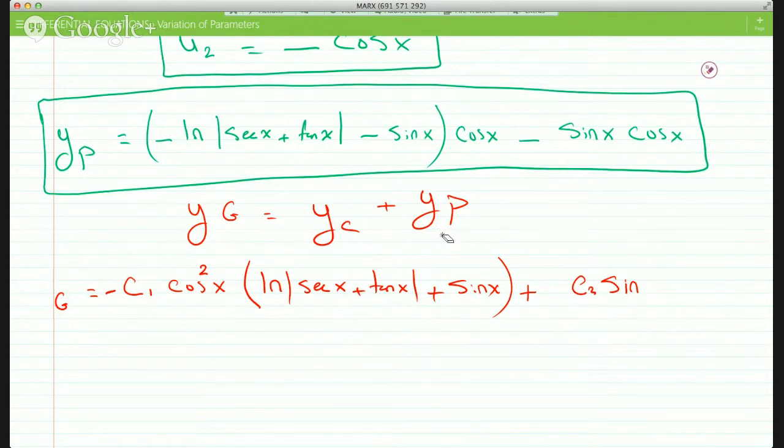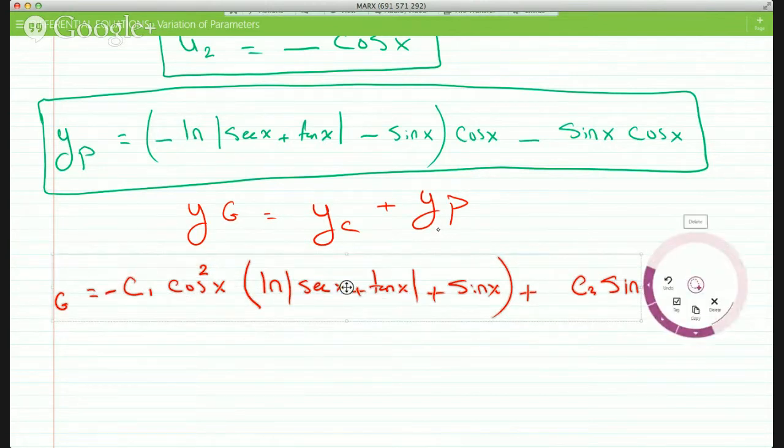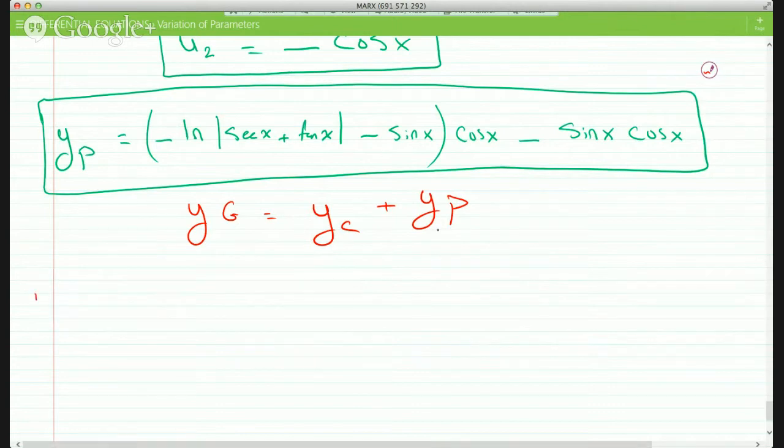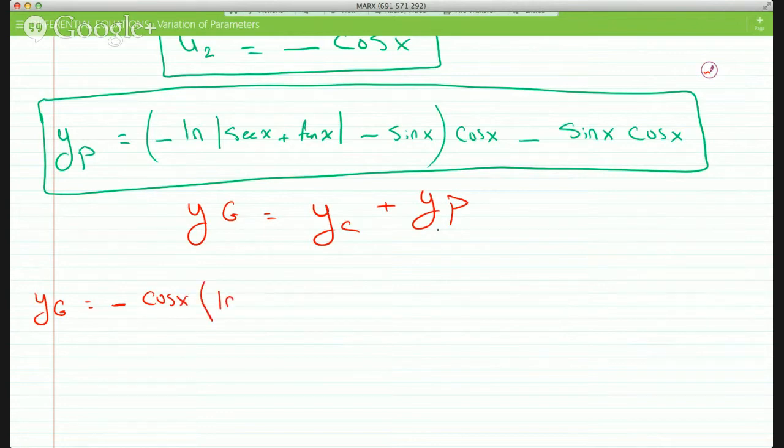I think I wrote this wrong. So y general will be, or y particular, which is all that up there: minus cosine x, and secant x is tan x, I factored out the minus sign, plus sine x, minus sine x cosine x, plus y complementary.